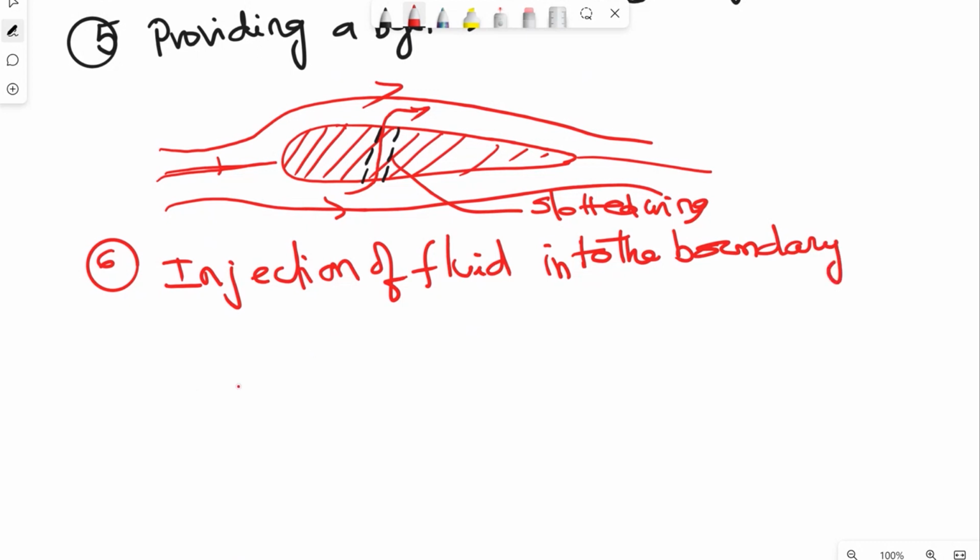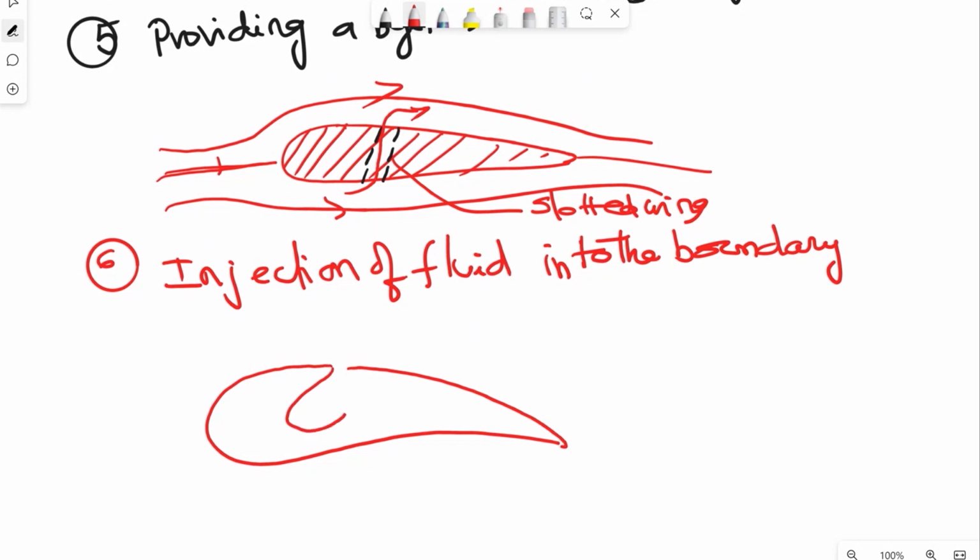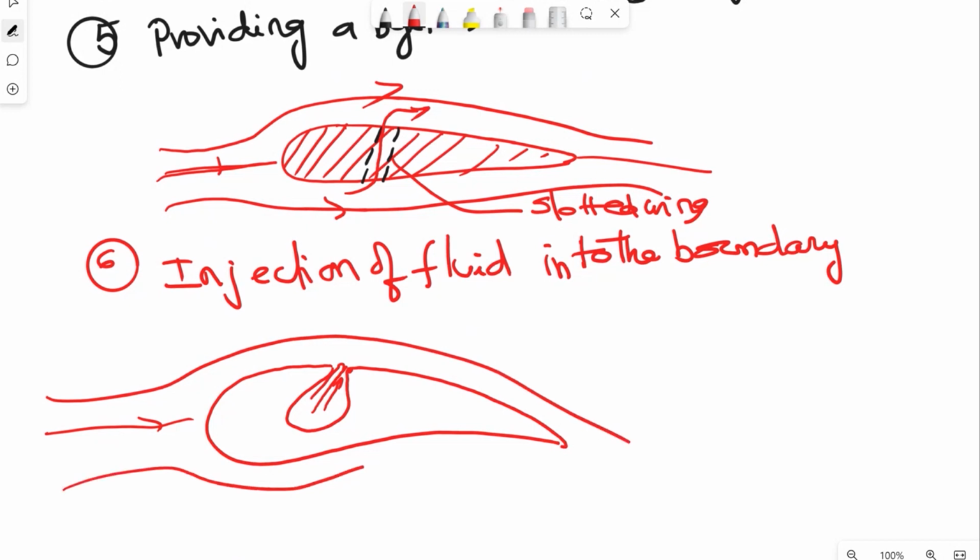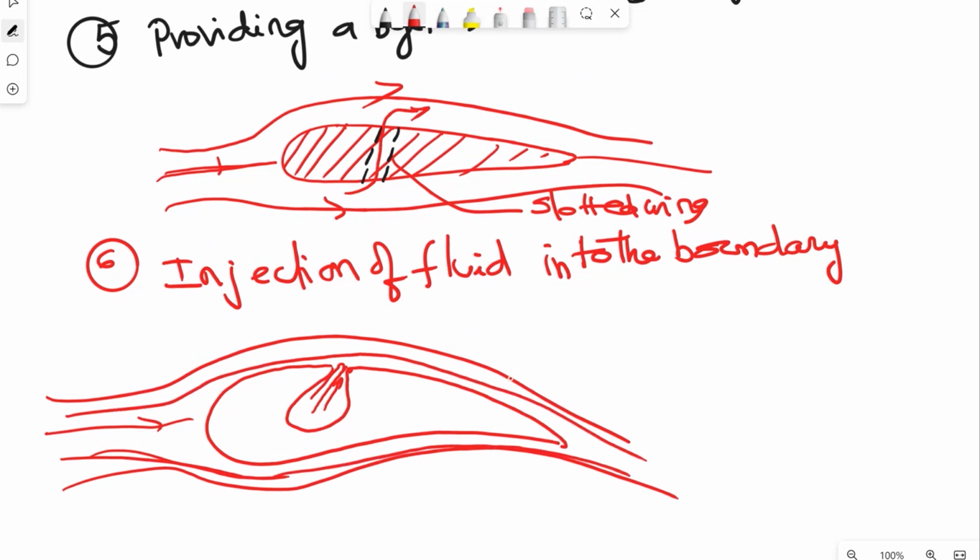For example, if you take it from here, injecting the fluid so that the flow never gets separated. Make the flow velocity higher. That is the objective of doing all these things. From here, the fluid enters. So this is what we call injection of fluid.